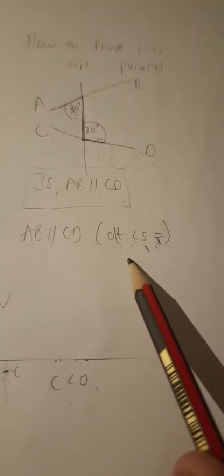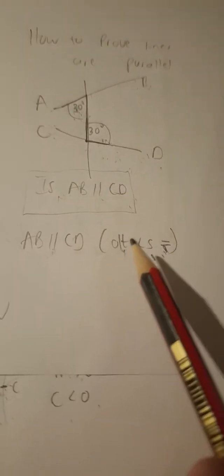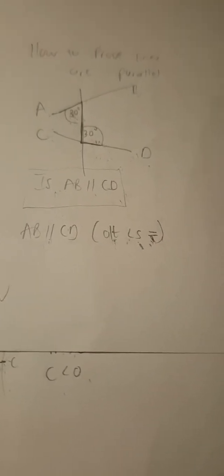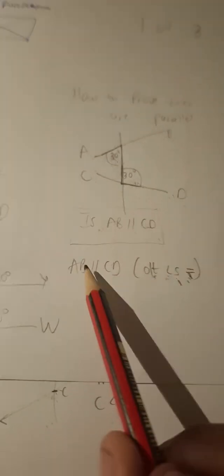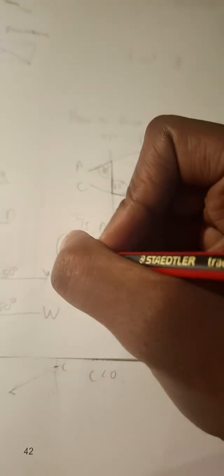What is the reason? It's because the alternate angles are equal. So you proved that AB is parallel to CD.